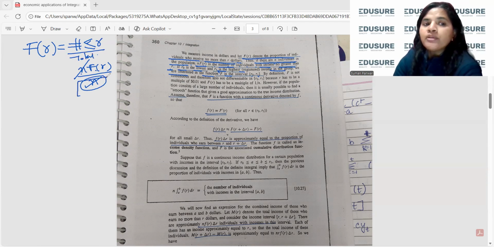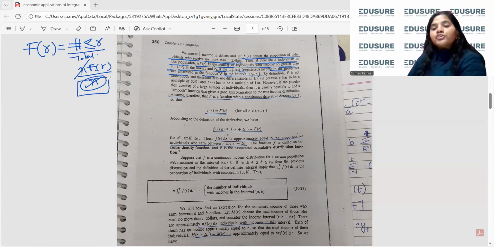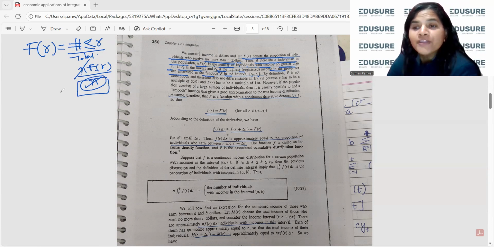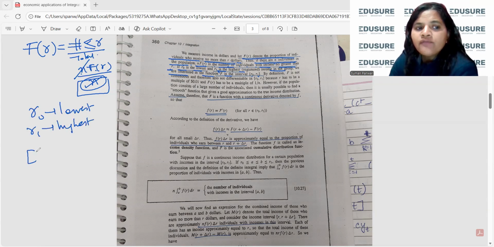So if the total population is n and I want my proportion to be F(r), then the number of people who earn no more than r dollars should be n times F(r). That is what it is trying to say. Here r0 is the lowest income and r1 is the highest income. So obviously we want to know the proportion of people earning no more than r dollars in the interval [r0, r1].